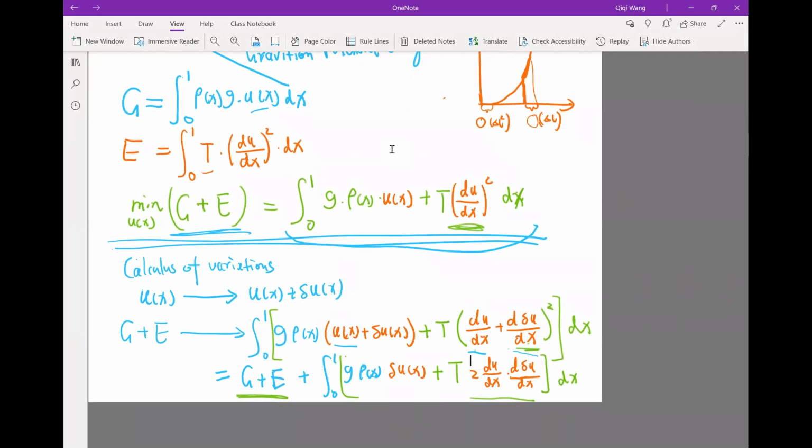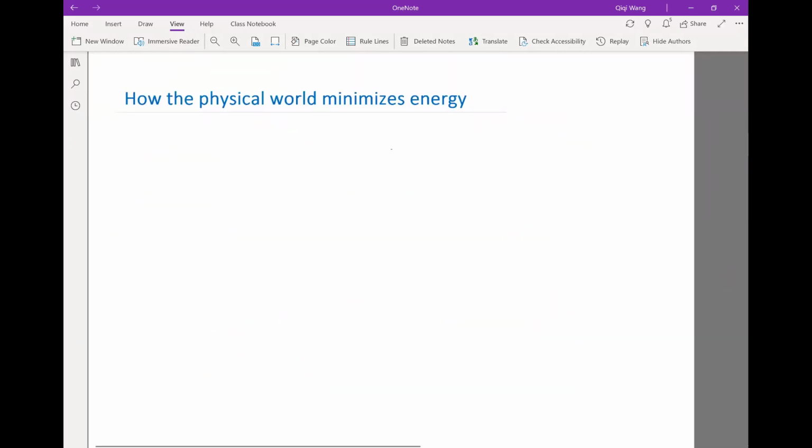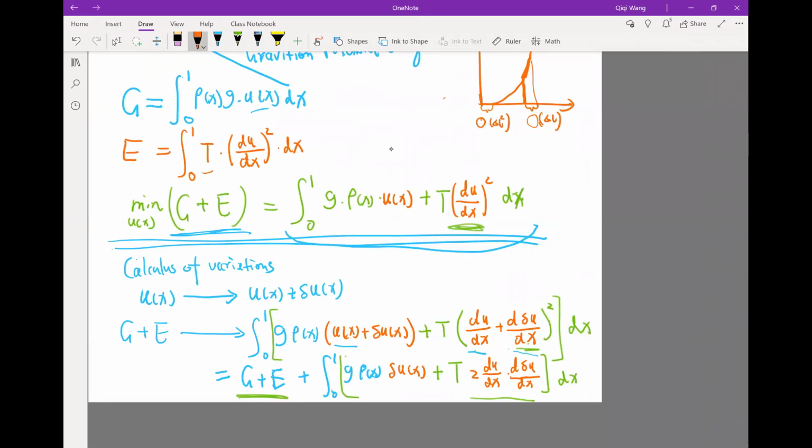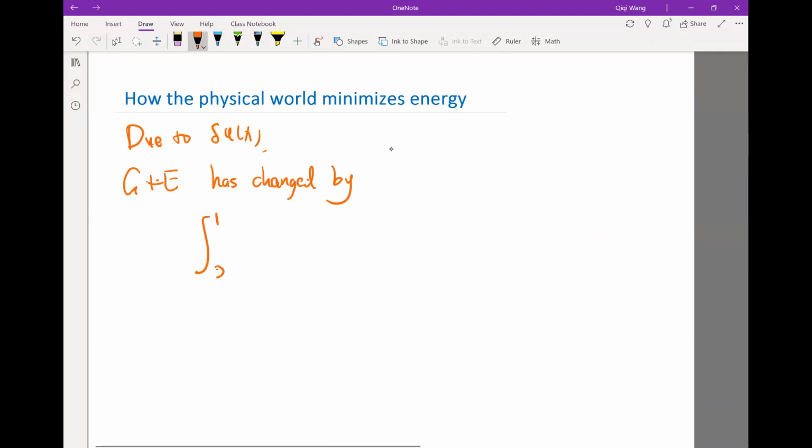All right, so what we had here is that due to a perturbation delta u, g plus e has changed by an integral from 0 to 1 of rho g times delta u plus t times 2 du dx d delta u dx.